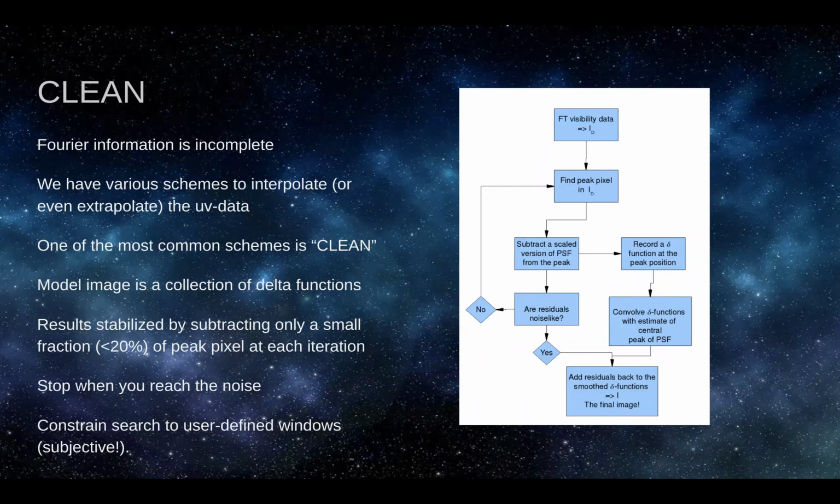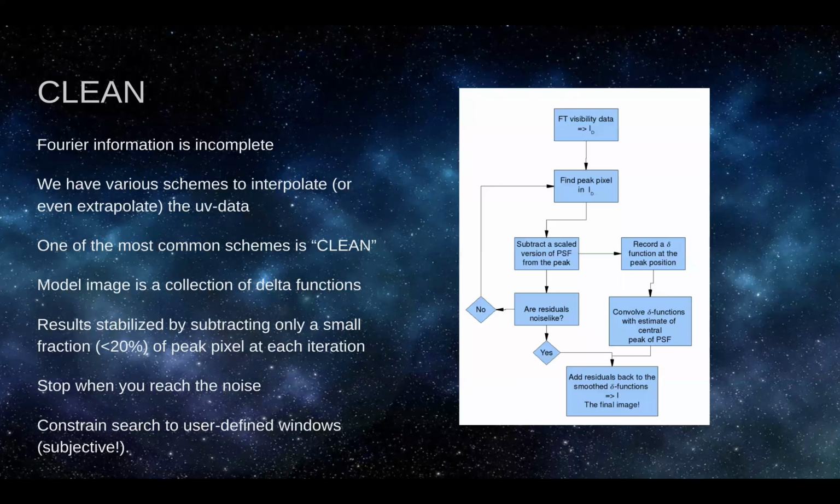You're building a model, and you do this iteratively, and eventually you get what we call a clean beam. Then we convolve that with the data, and we get a clean image, at least in theory. You keep doing this until things look like basically noise in your residual map.